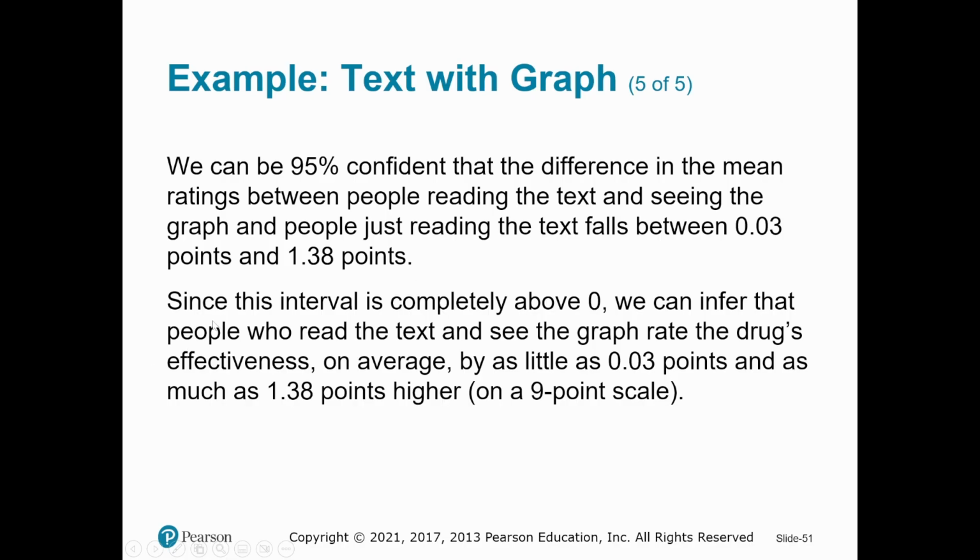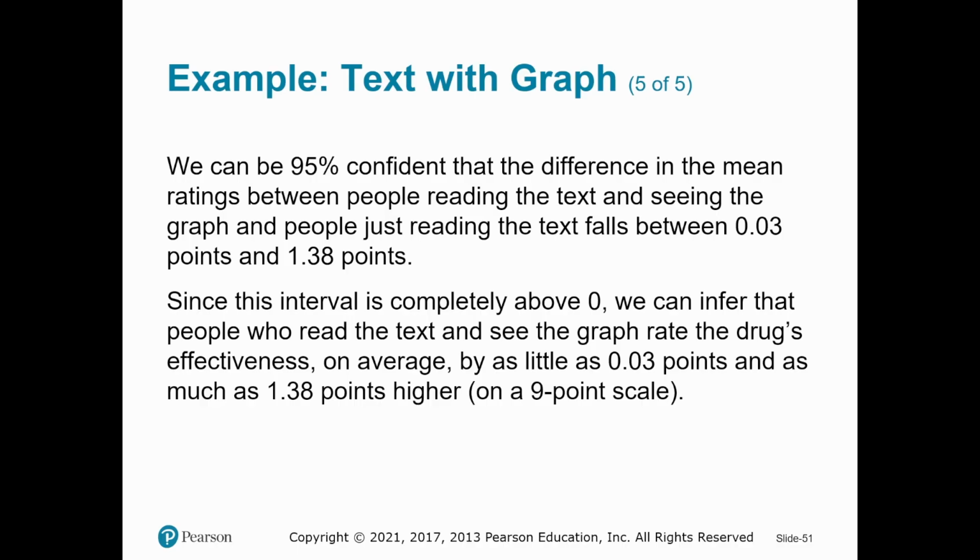So I would like you to imagine this experiment being replicated a million times over and over again. And these bounds will vary and the width of the interval will vary, but 95% of these intervals would capture whatever that true difference in the means is that the human being doesn't know.